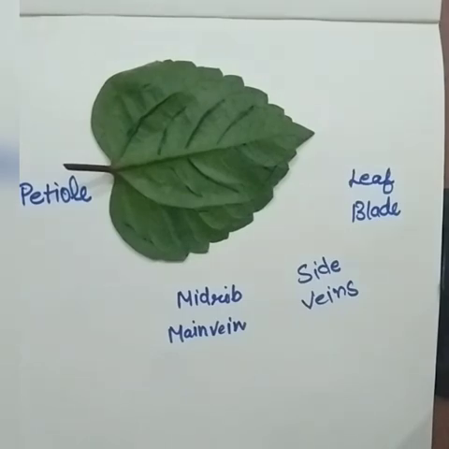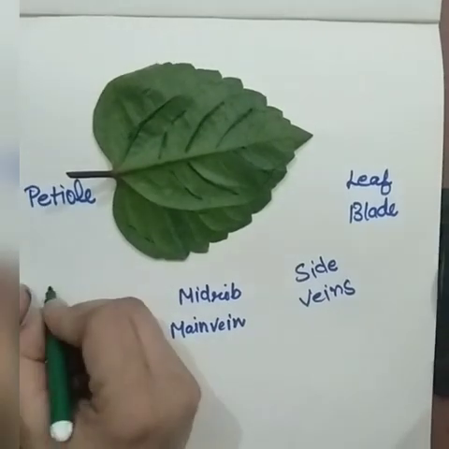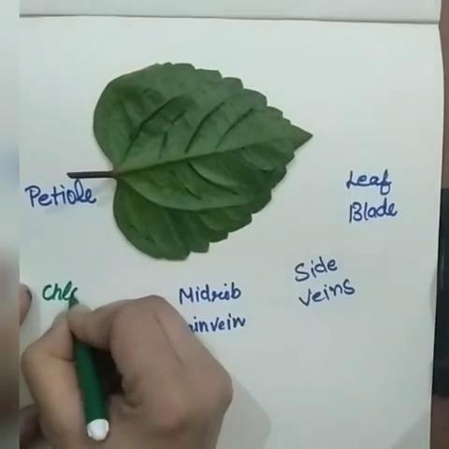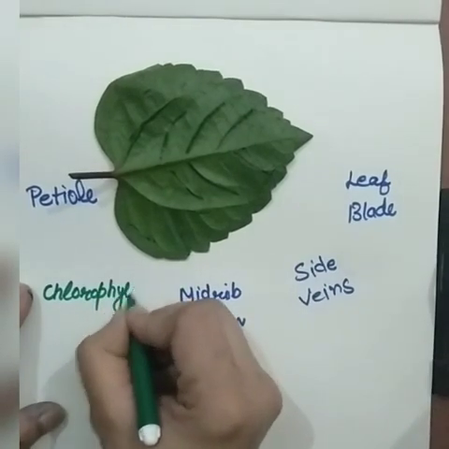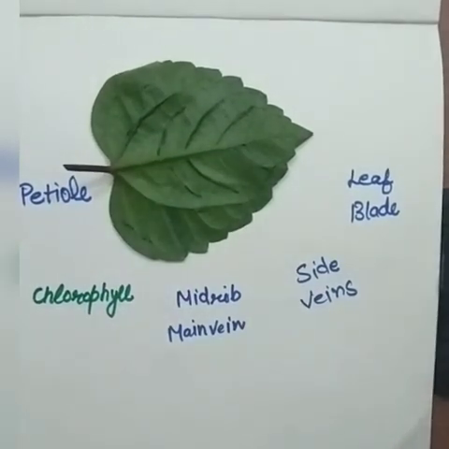What do we call that green color? We call it chlorophyll. Chlorophyll is also helpful for the making of food in plant. If the leaf is green, it means it has chlorophyll, and only the green leaves or green plants can make food.